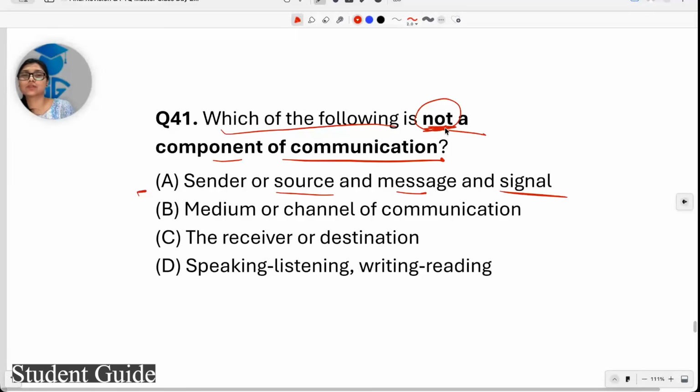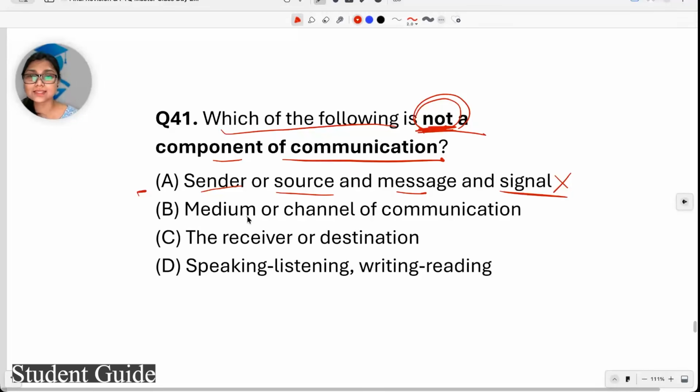Okay, we need to go for the not a component of the communication. So it is already a component of communication. In the chain of communication, you already have sender, source, message, signals, etc. So we need to find not a component. So this is not going to be our answer.